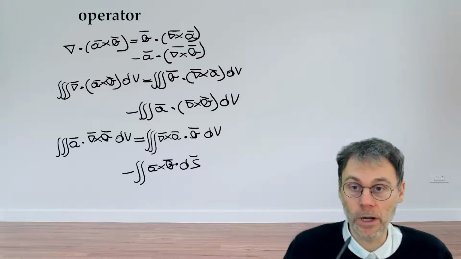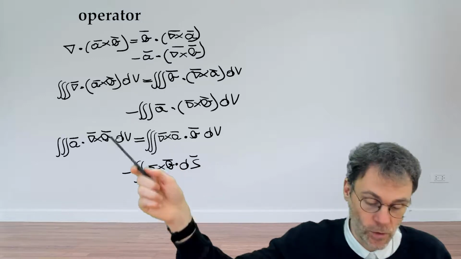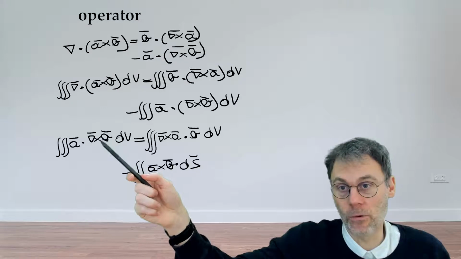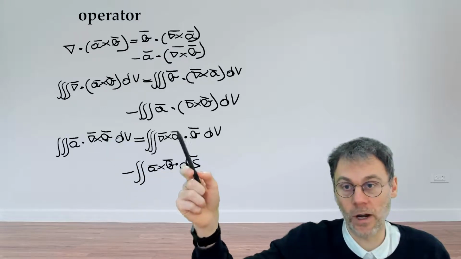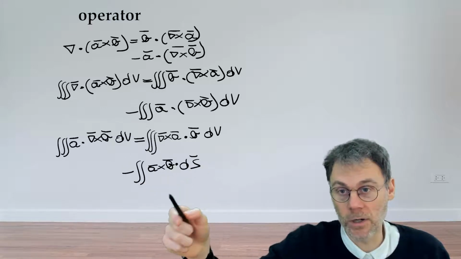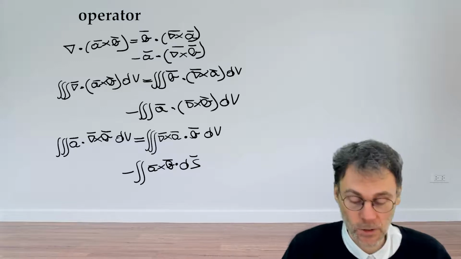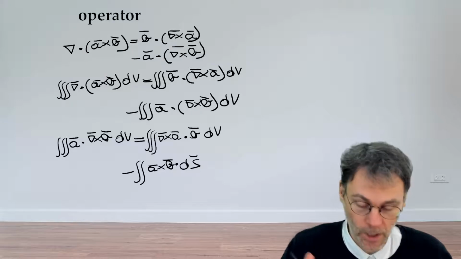Now, our theta operator contains lots of curls. And what this equation shows us is how we can take a curl operating on the second factor and move it to the first factor. There's a price to pay, and the price is exactly the value of this surface integral. This is why this is such a useful lemma for our purposes.